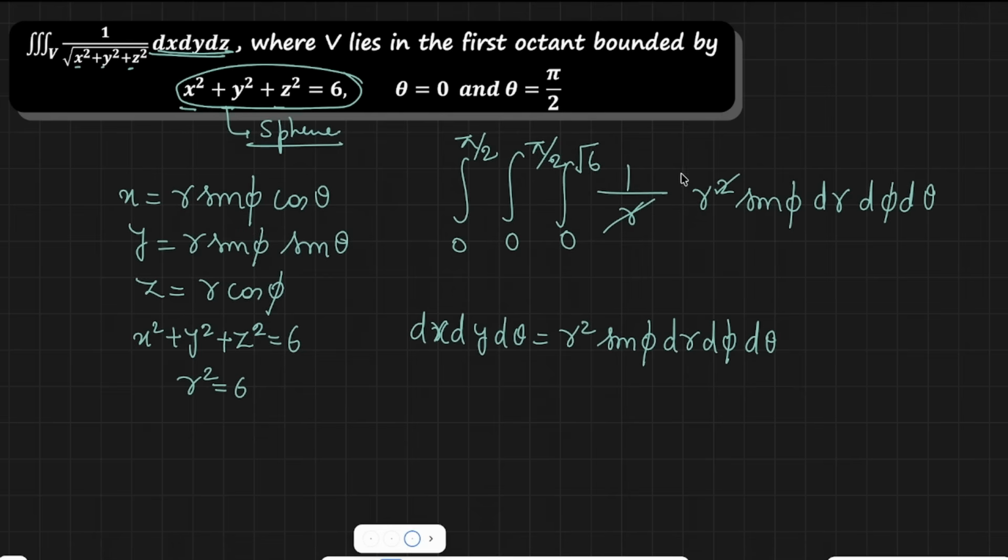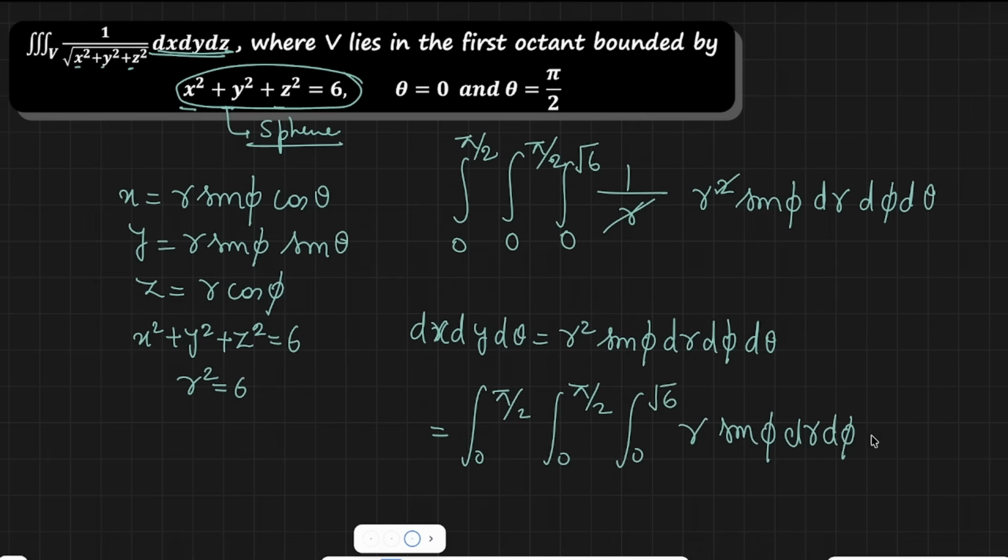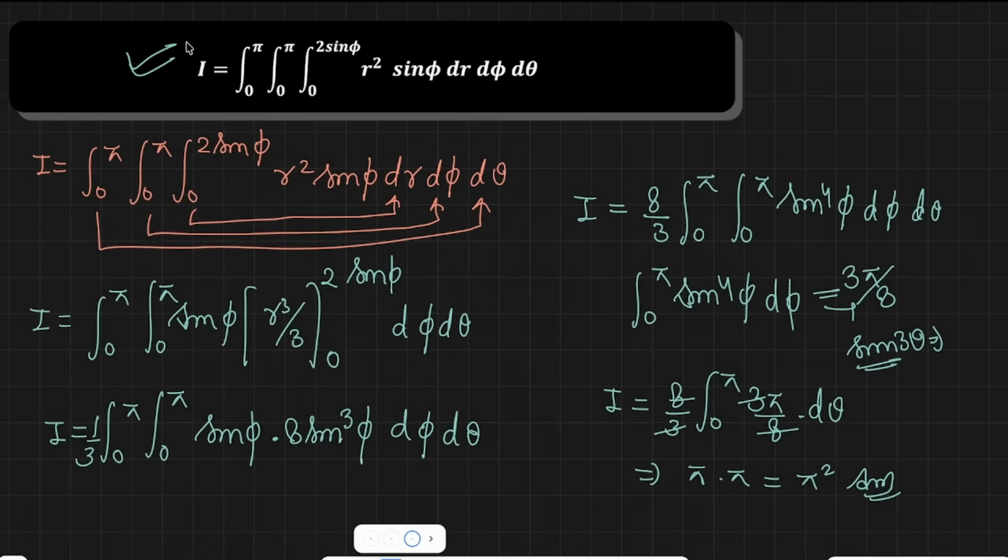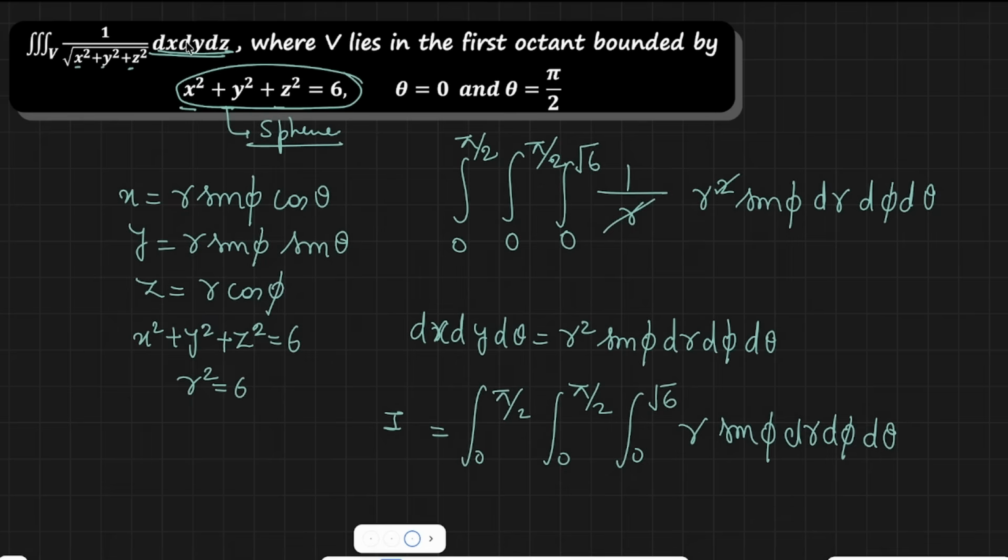So this r and this r get cancelled. So the integral is 0 to pi by 2, 0 to pi by 2, 0 to root 6, r sin phi dr d phi d theta. I have converted this integral to the spherical coordinate system, and you can solve this question in the same way. This is the conversion from Cartesian to spherical coordinate system.